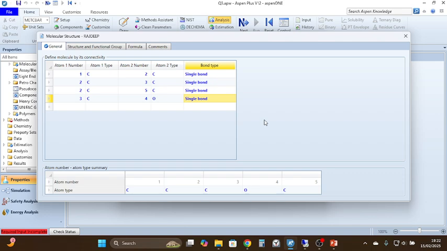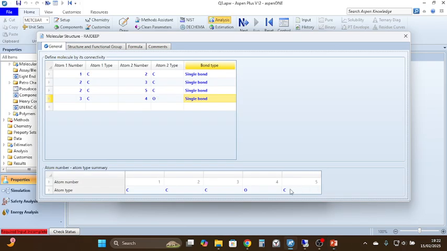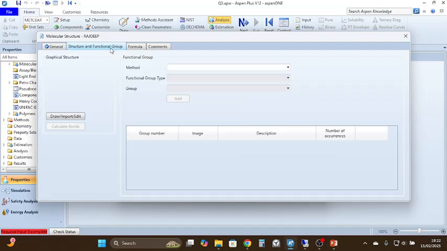Now we have specified this. So over here you can see that 1, 2, 3 are carbon, 5 is also carbon, and 4 is oxygen. Now the structure and functional group over here.